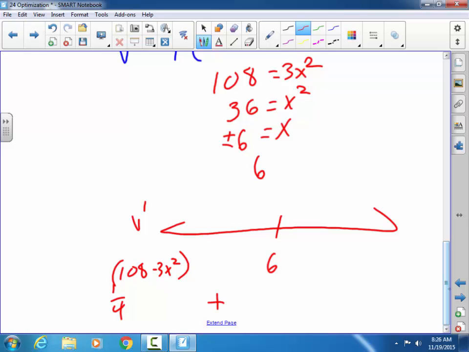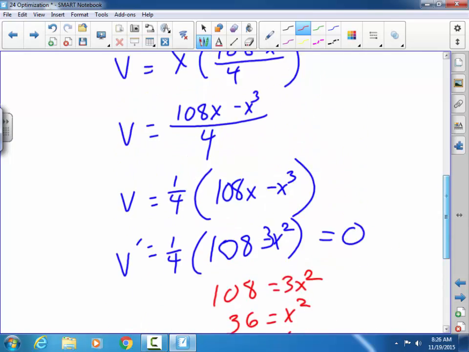The 1/4 is always positive. For a number less than 6, maybe 5, 5 squared is 25, 75, 108 minus that's a positive. That means the function is going up, the volume's increasing. A number bigger than 6, maybe 10, is 300, that's negative. So indeed, this is a maximum.